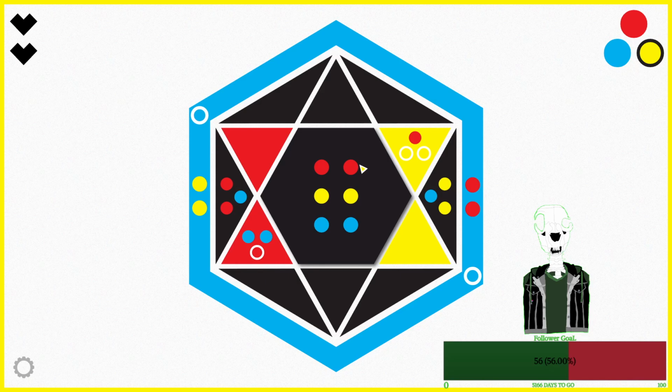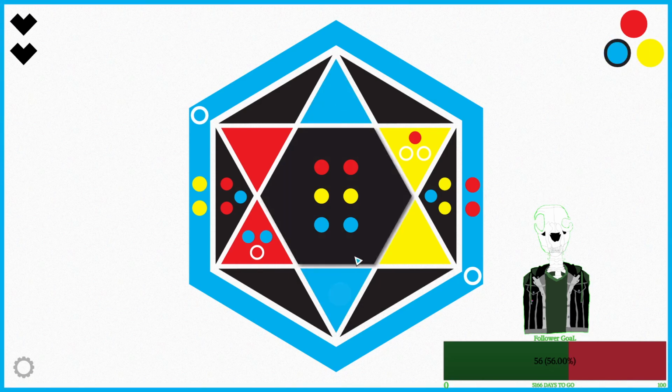But we do know, actually, that these are blue. So, two of these are yellow, two of these are blue, and two of these are red. That is the only thing we can be certain of.